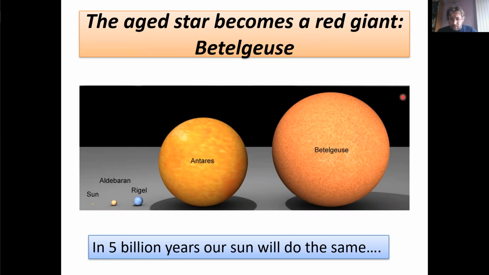In comparison to our sun, which is here, this little yellow dot, which you might see or not, there is Aldebaran, which is a red giant. Rachel, which has already got rid of parts of its envelope. Then you have Antares, and then Betelgeuse, and Betelgeuse is not even the biggest one. There are even much more massive monsters. But it's about 1,000 times bigger than our sun.